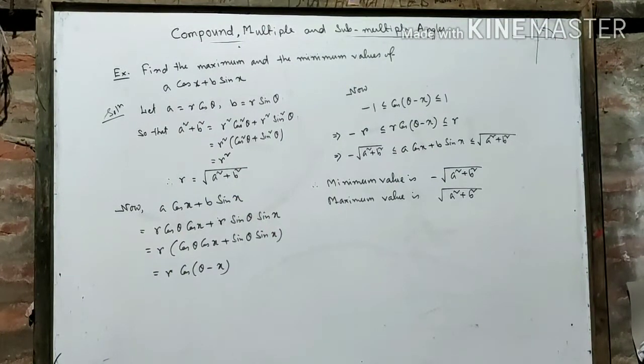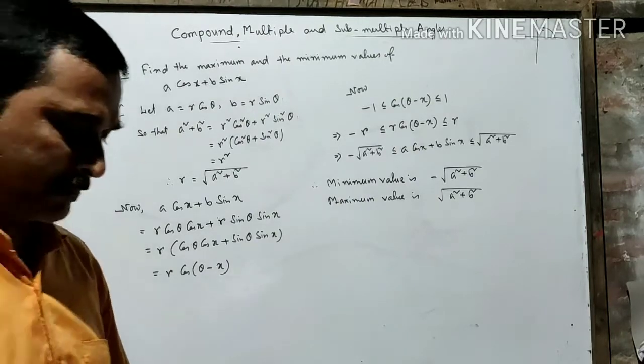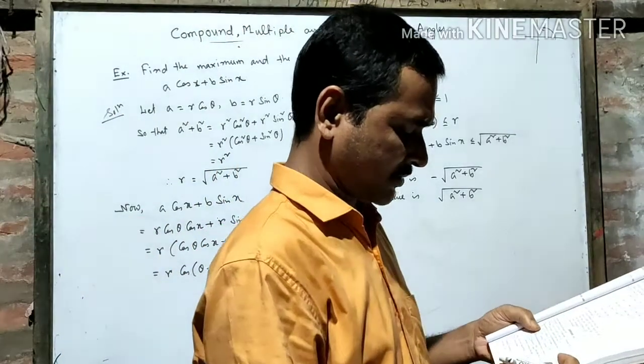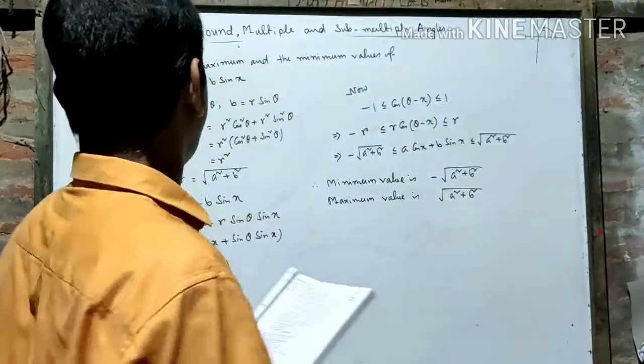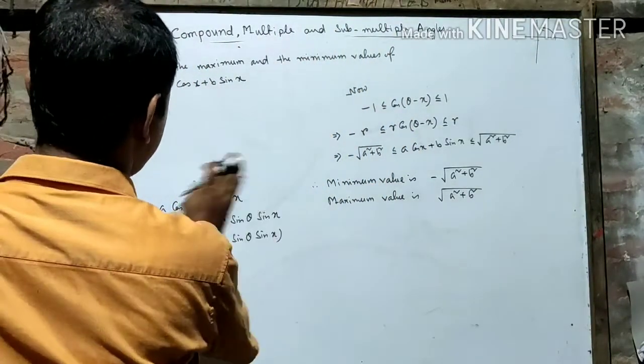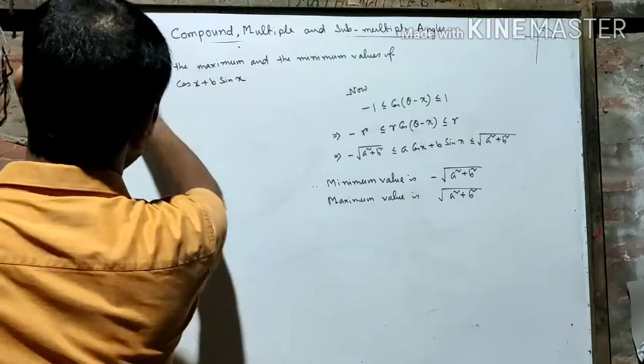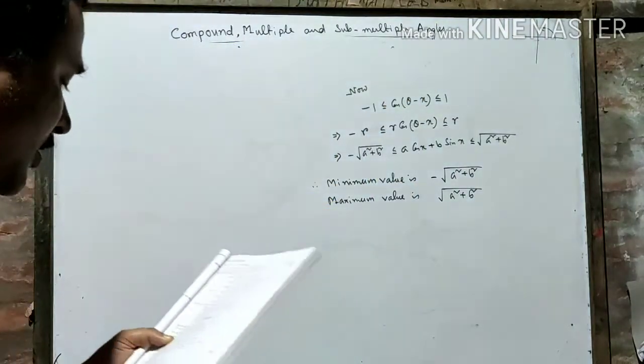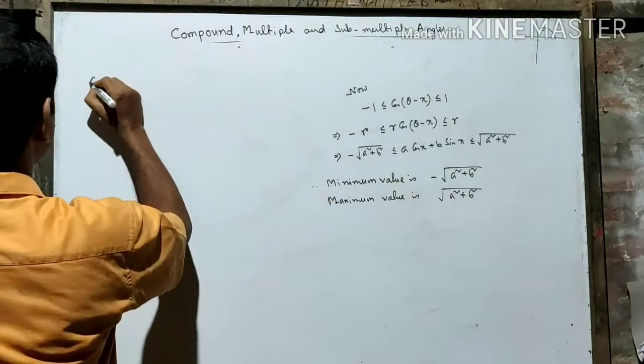Now regarding homework, you try to remember the formula, we will apply it. We do some complex questions in our next class. Till then, you try to solve these problems from your class book. So these are your homeworks from your class book.